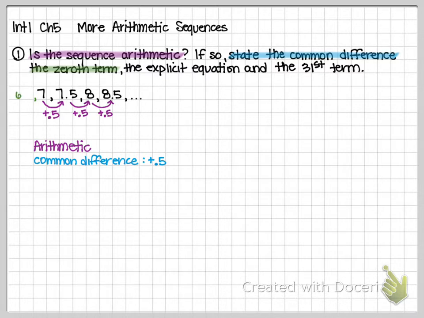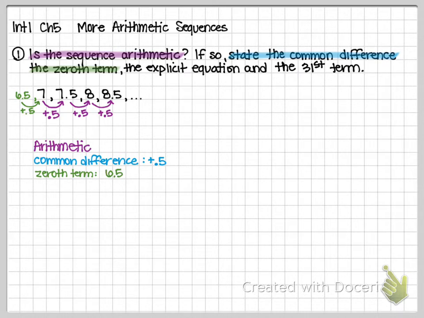I believe that's going to be 6.5. So our 0th term is whatever is in front. What is the number immediately in front of your list? In this case, it is 6.5.